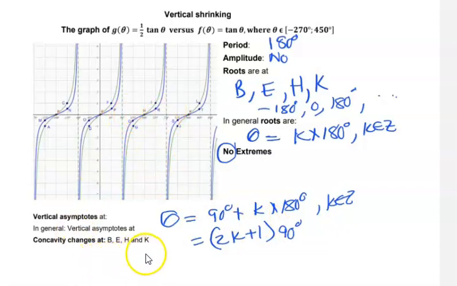Okay, so let us look at the concavity. Again, you can see here it's much more obvious how this function is concave down below the horizontal axis and concave up above the horizontal axis. So remember that we need to know about concavity because it influences the shape of the graph.